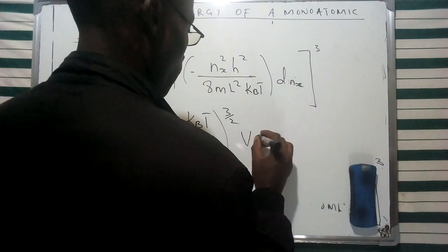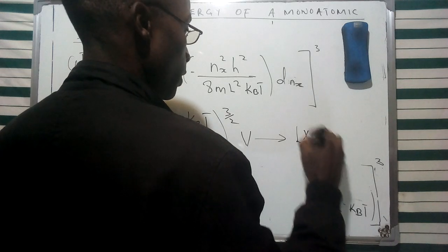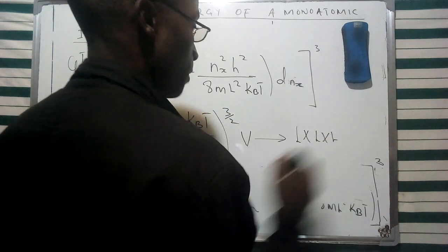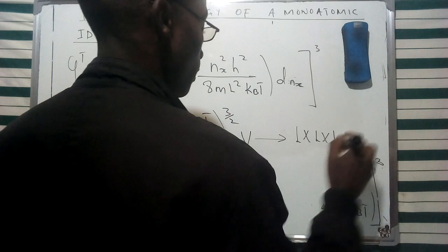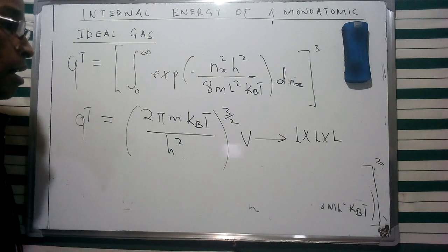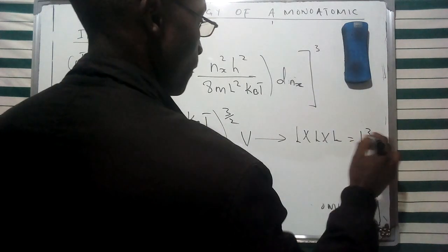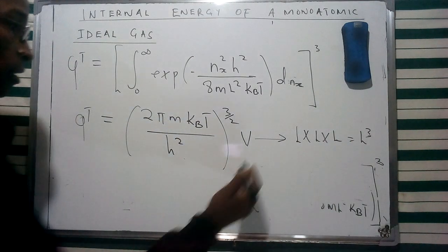Now, this element of V, which I've given in this case, represents a volume that we're going to find by multiplying these three components of the range of integral numbers for x, y, and z for n. This is going to be given in terms of the cube of L, representing our volume.